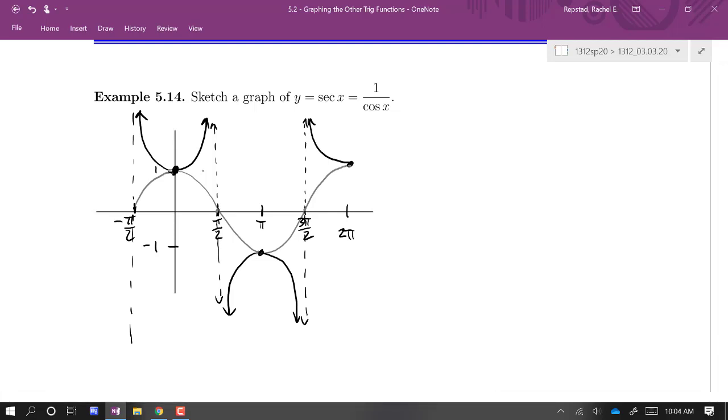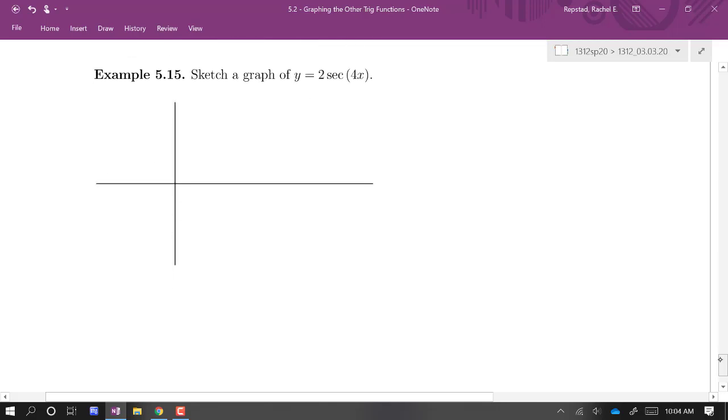Let's do one more. So we did the basic secant and cosecant. Now we'll do one. Here's 2 secant of 4x. So the first thing I'm going to start with, which is the reciprocal function for secant? Cosine.